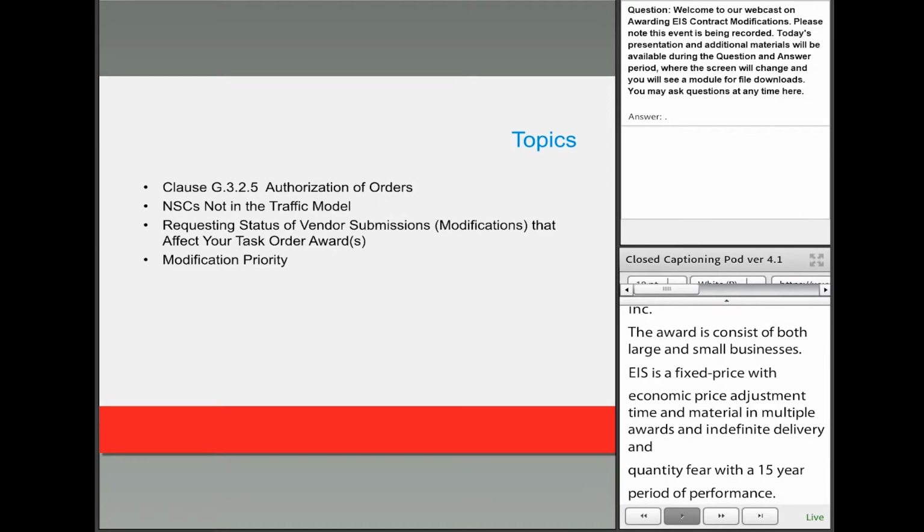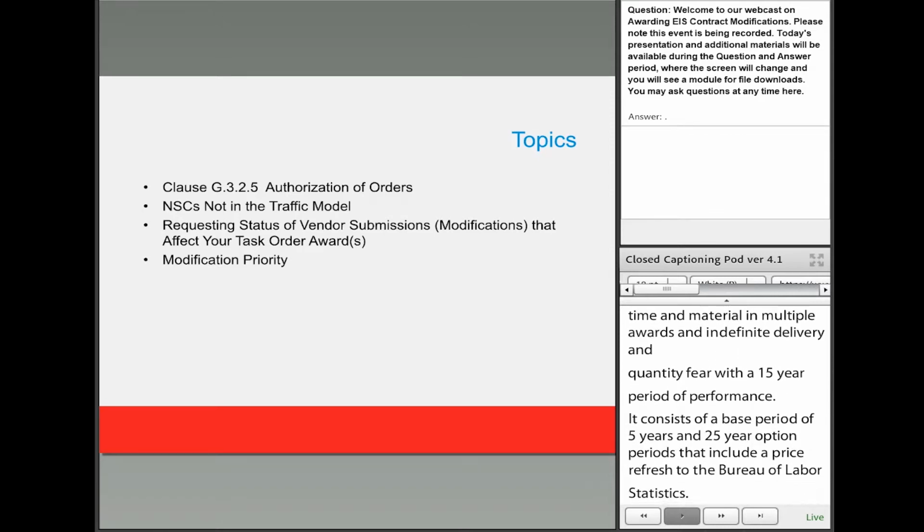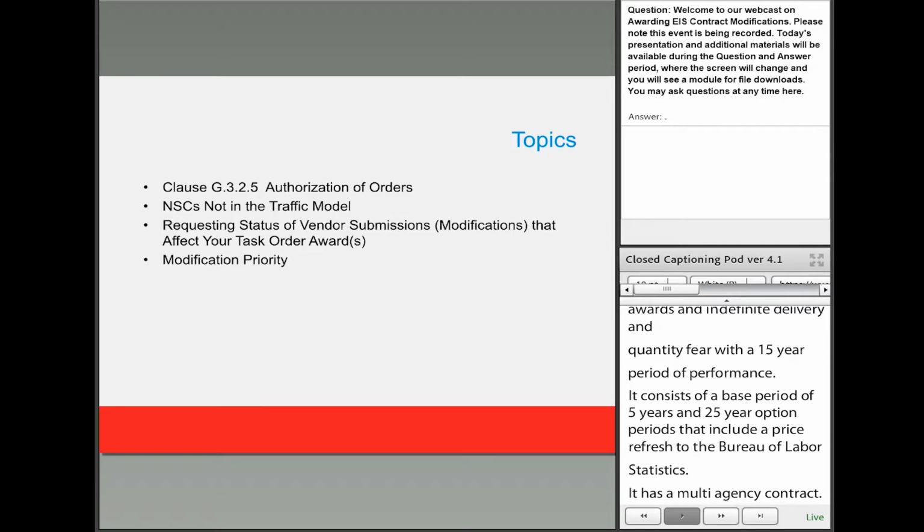It is the follow-on contract vehicle for Networx, 3, and the local telecommunication services contracts known as LSAs. It is a multi-agency contract, non-commercial contract awarded under FAR Part 15. It is not a GWAC or a schedule contract.